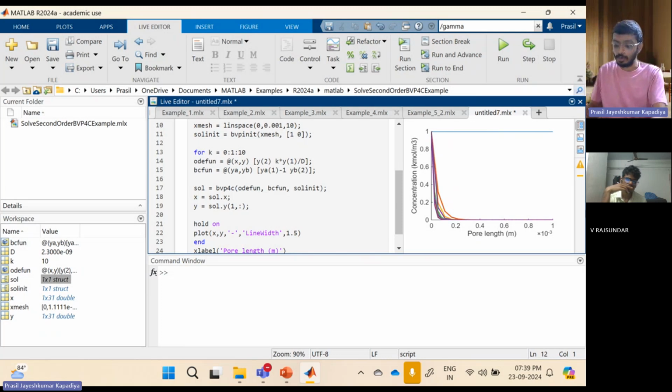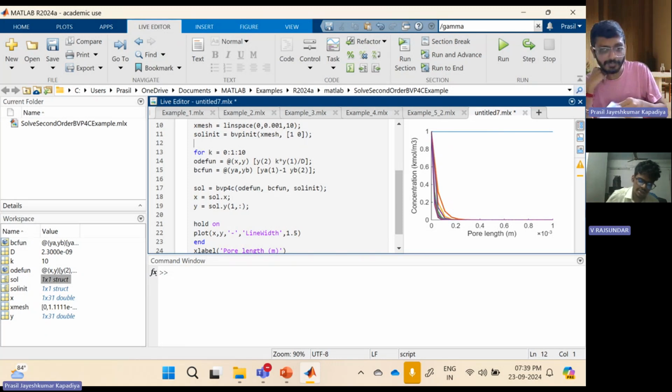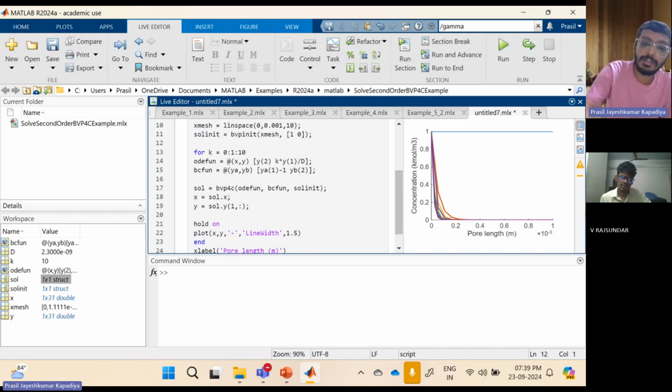So what can you conclude from here? The reaction is dominating the process. Reaction is occurring, so it is converting the reactant, so within some pore length only we are getting this value. This is what I was willing to show. So this is one part.